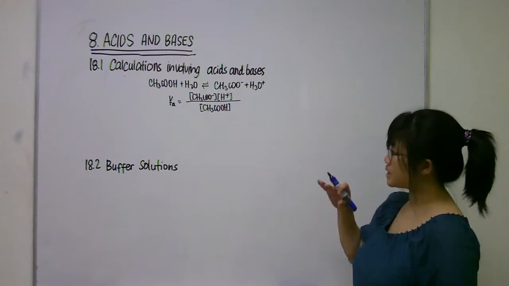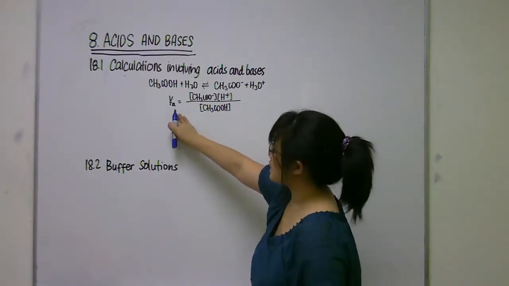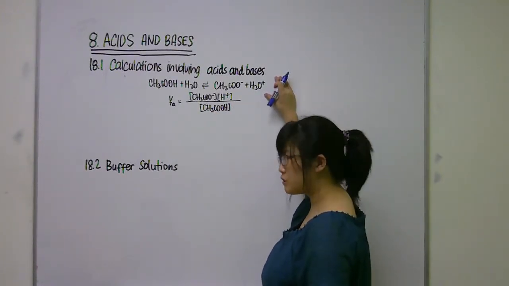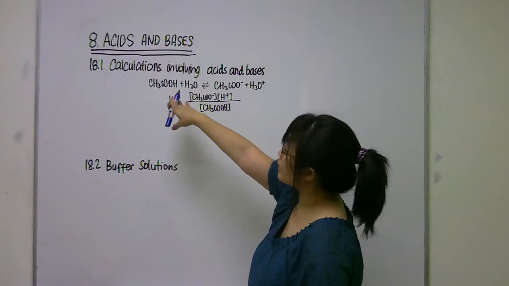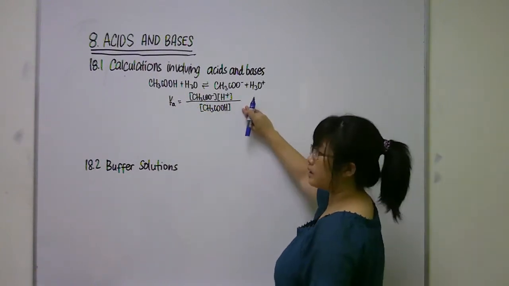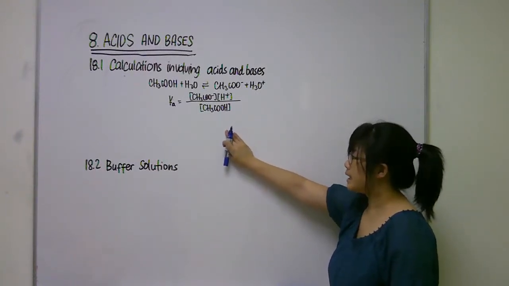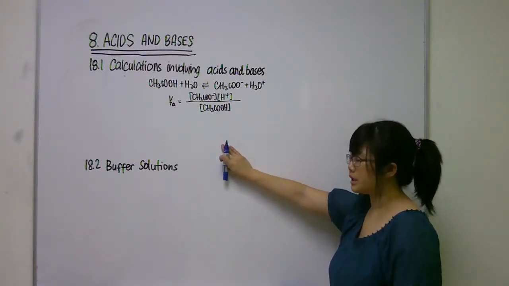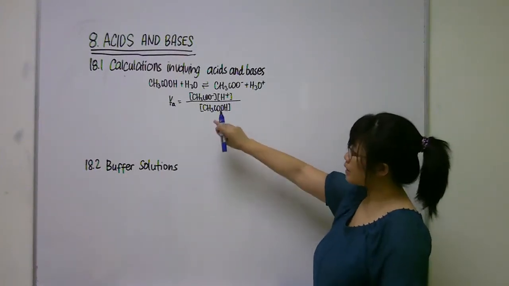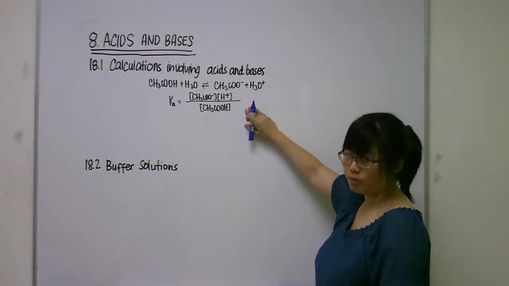Now, what is the use of this Ka, okay? If you realize, Ka is giving you the ratio between the product, which is the dissociated form of the acid, over the reactant, which is the undissociated form of the acid. And the definition of a weak acid is an acid that dissociates only partially in water.